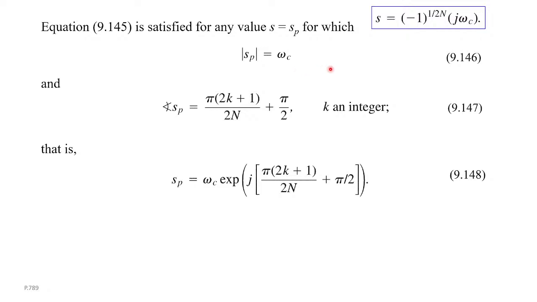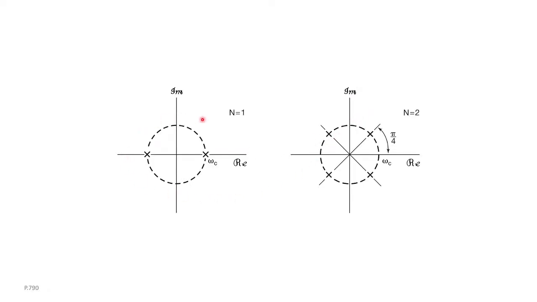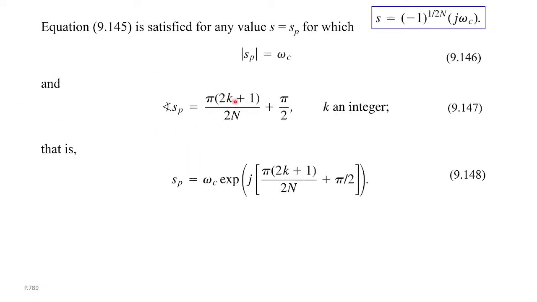Those roots are going to be on a circle with the radius omega c, and then you can easily solve the angle. This j is going to give you pi over 2, and negative 1 to the 2n's root is going to be, well, negative 1 is like 2k plus 1 pi, divided by 2n.